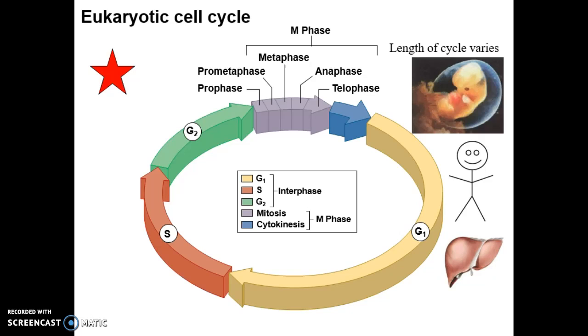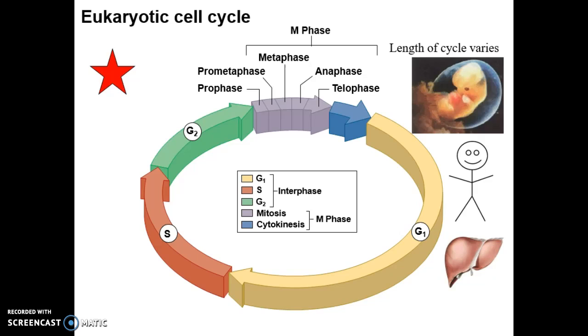So from prophase all the way through cytokinesis is often referred to as the M phase of the cell cycle. As I mentioned earlier, the rough length of the cell cycle for skin and hair is 24 hours, but you get into cells like liver, different organs, different tissues, and it may take days or weeks or years in order for that cell to go through the cell cycle once.